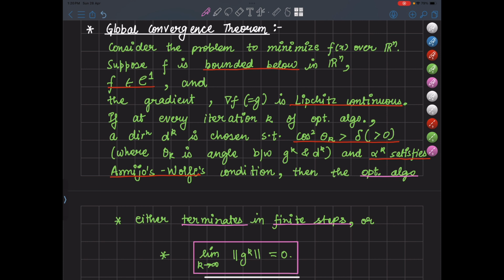So that's the idea of the global convergence theorem. Here we have proven that the algorithm that we discussed earlier, which had all these assumptions in place, will converge.